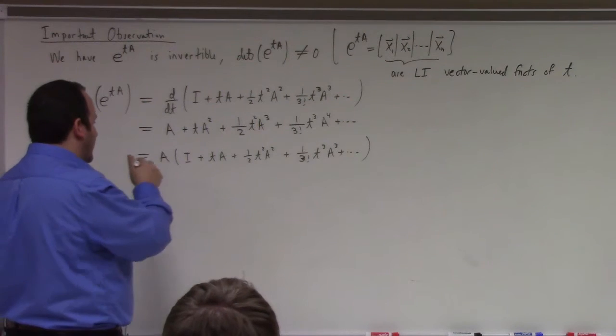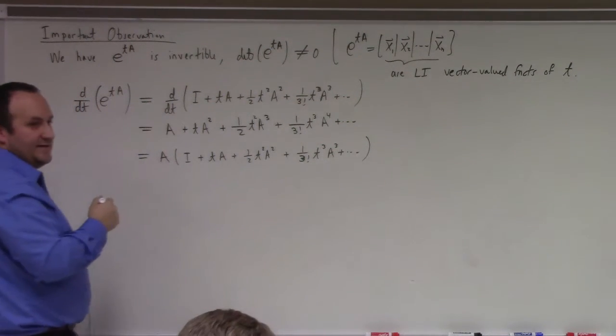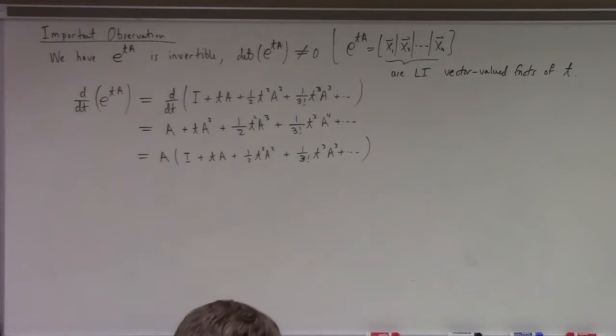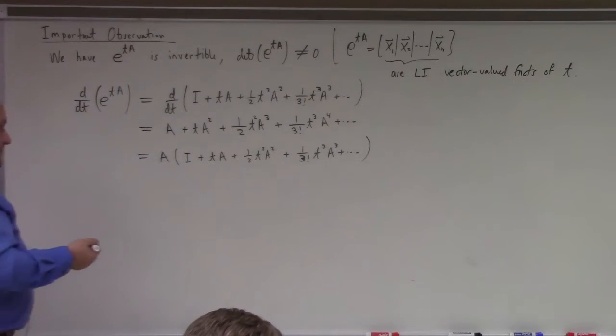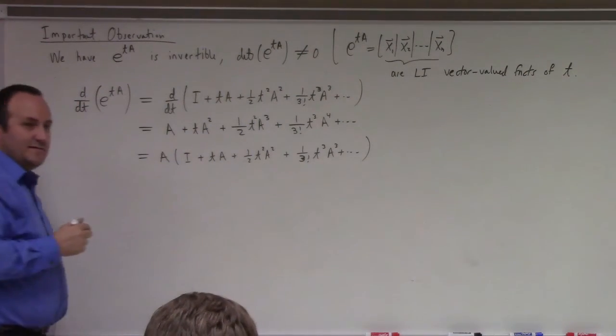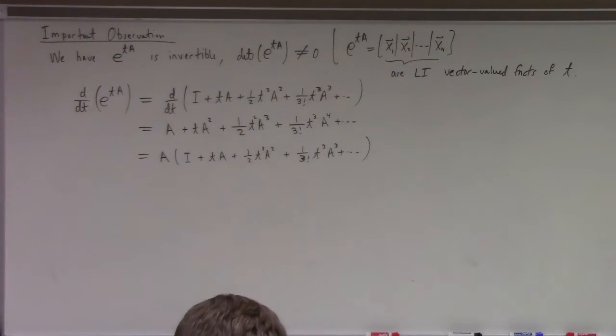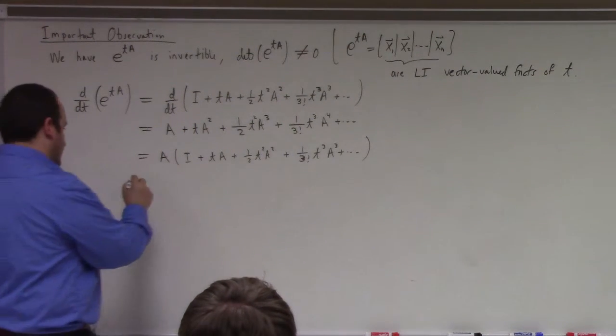Well, a is equal to aI, I is the identity matrix. So I should have an I there because I can't add 1 to a matrix, but I is like 1 for matrices. But it is a matrix. But what's this? That's e to the ta again, right?